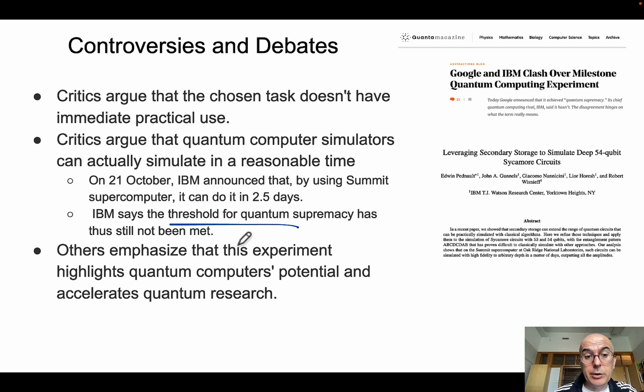Other colleagues emphasized the importance of these results, and that these experiments highlight quantum computers' potential and accelerate quantum research. In these slides, I put the paper from IBM discussing the simulation of the random quantum sampling circuit using 53 qubits.